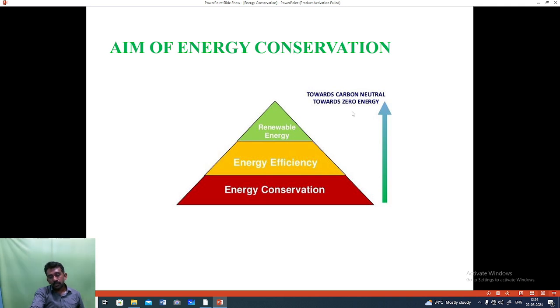Carbon is one of the dangerous things that contributes to global warming, climatic changes, and various other ecological disturbances. So the ultimate aim of energy conservation is to move towards carbon neutral.